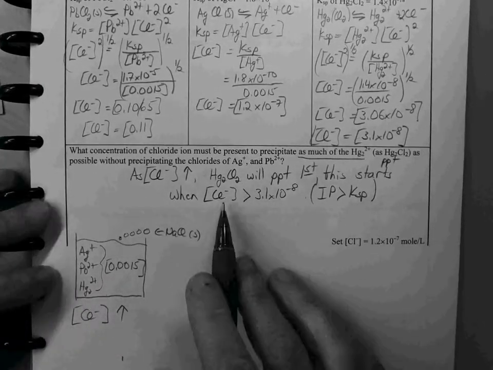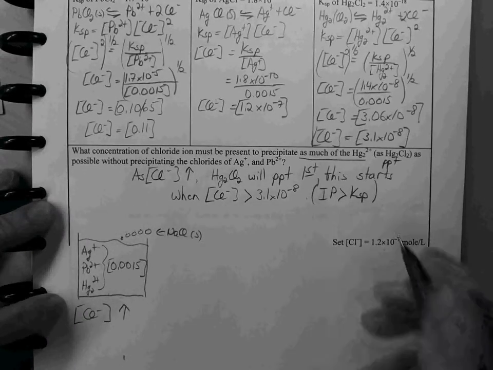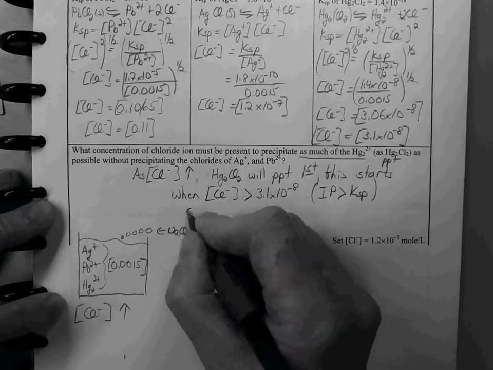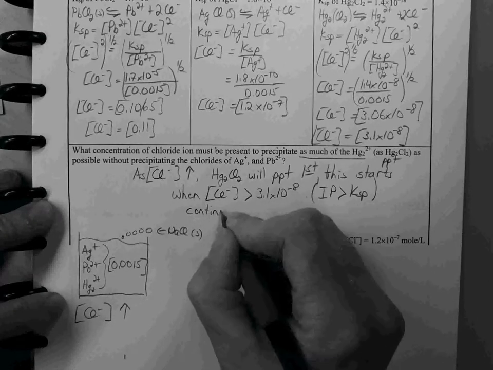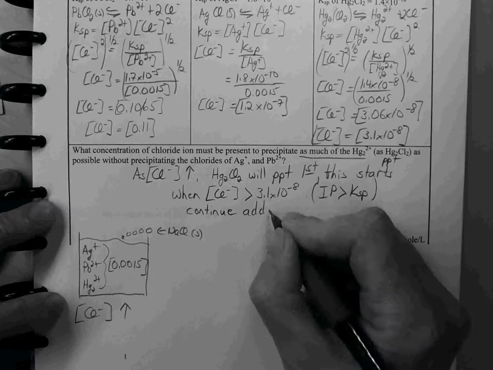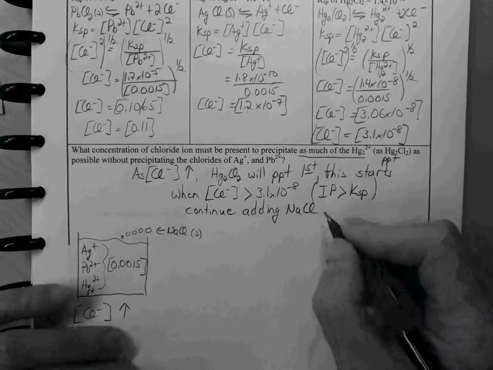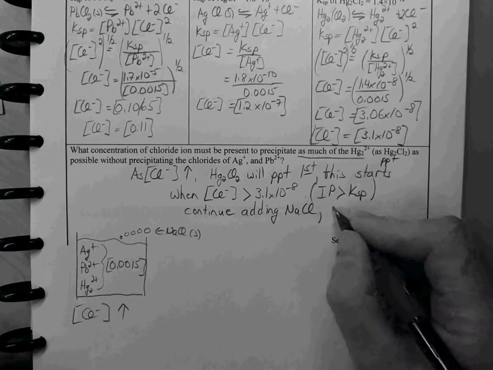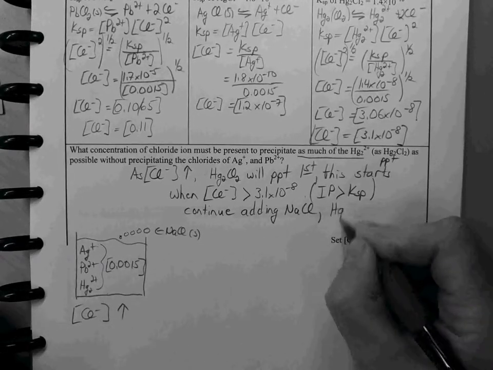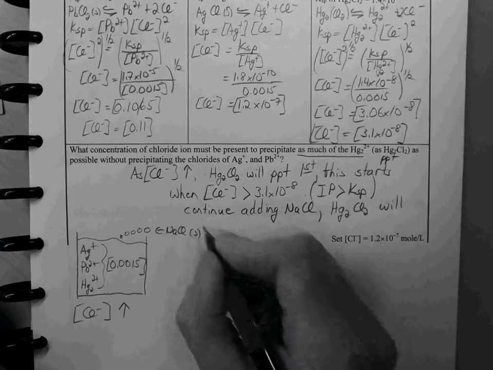Okay, but we don't want to stop there, because we want to remove as much as possible. So we continue adding NaCl. And as we continue adding NaCl, Hg2Cl2 will continue to precipitate.